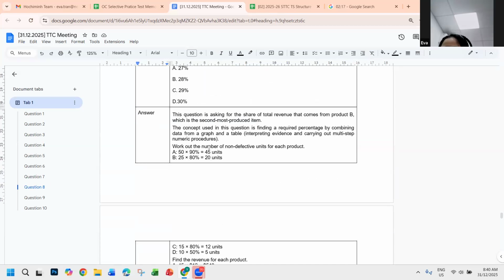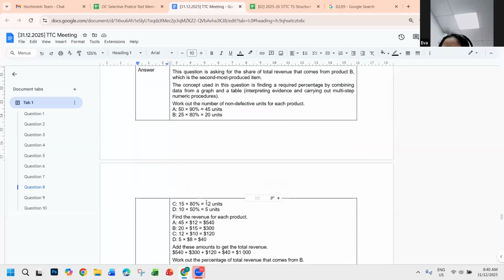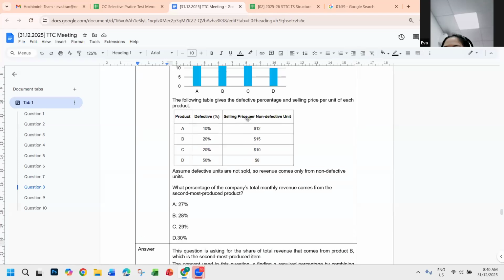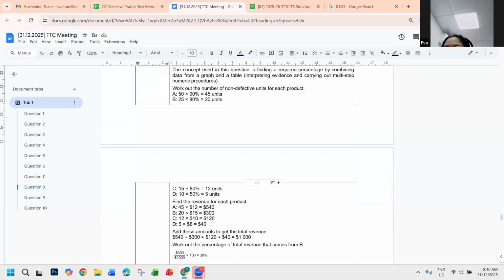And we'll follow this step to find the number of non-defective units of each product. Next step is to find the revenue of each product. We take the number of non-defective units multiplied by the selling price, and we find the revenue of each product here.